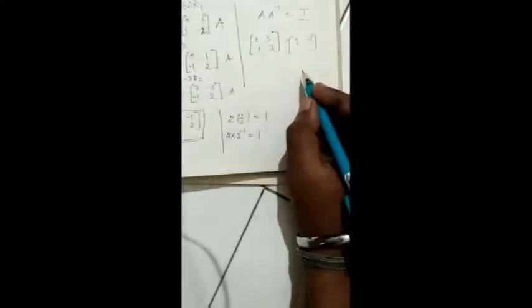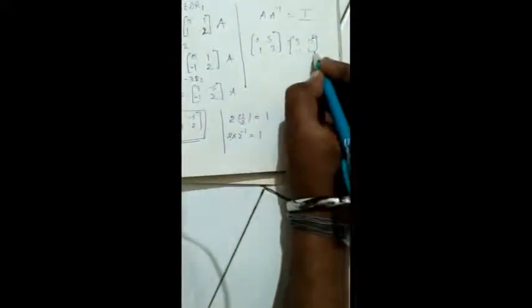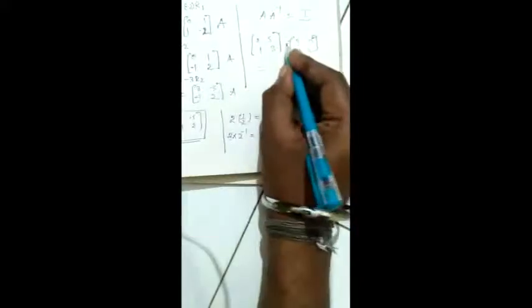A is nothing but 2 and 5 and 1 and 3, and A inverse is what you found, which is 3 and minus 5 and minus 1 and 2. These two matrices, if you multiply, you will get the identity matrix. If you are getting the identity matrix, then the answer which you found is correct. Okay, you can verify that.